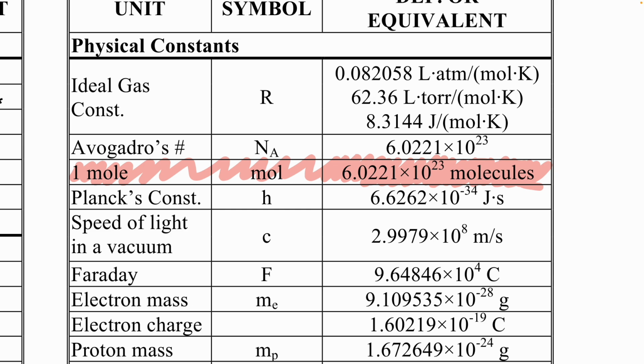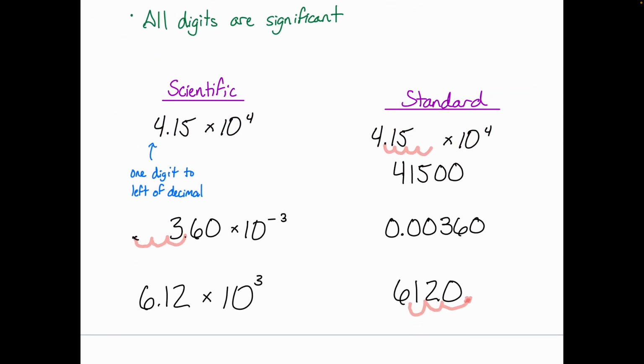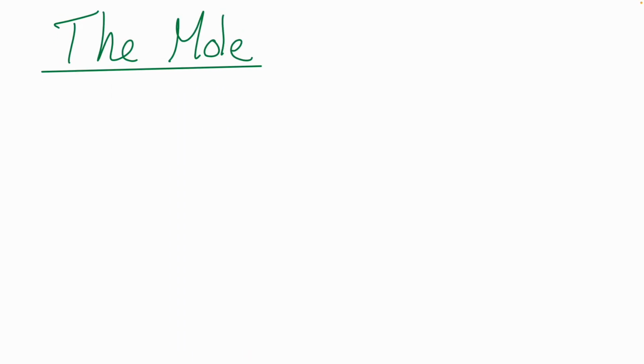I'm going to use a slightly different word here as an example. Okay, so again, we're talking about the mole. We look on our constants page. It says 1, and then the abbreviation for a mole, M-O-L-E, is the abbreviation M-O-L.